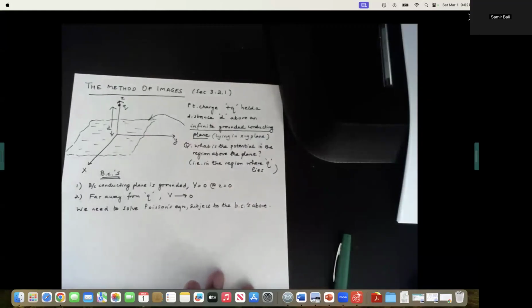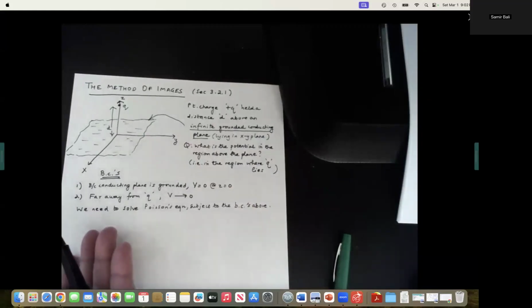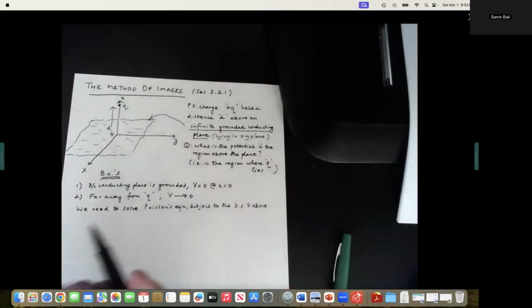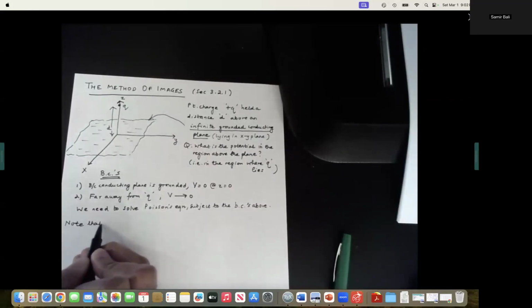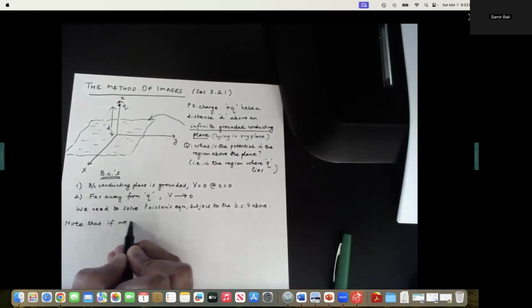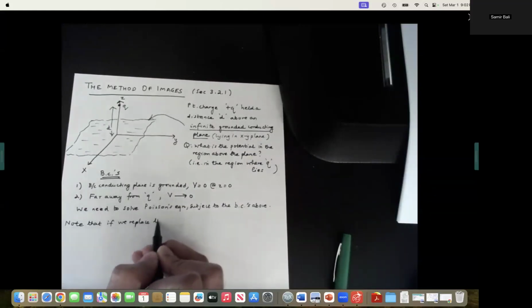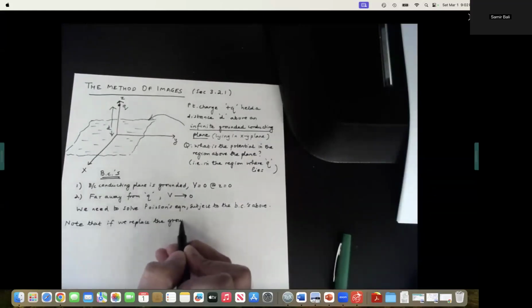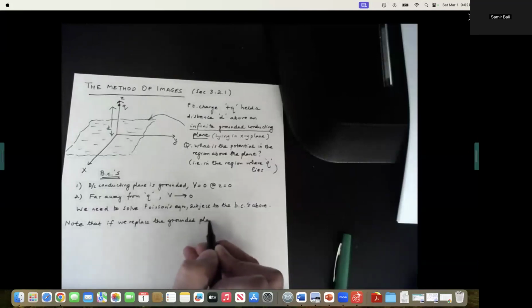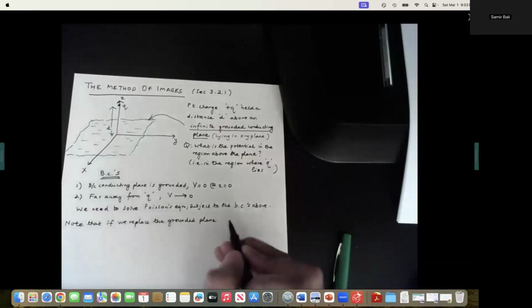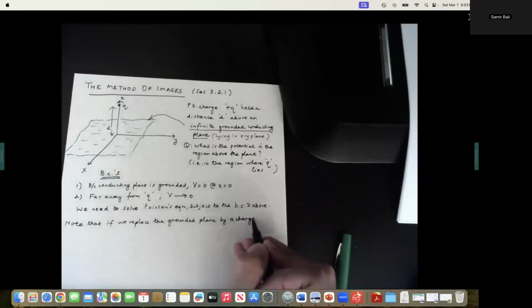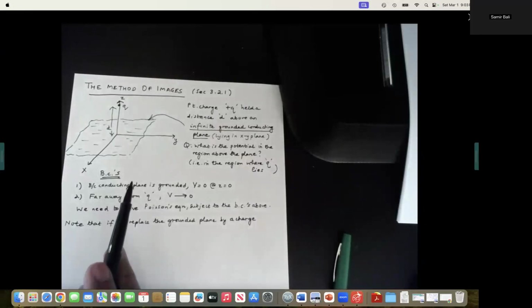What I'm going to say is that I notice, I mean, from experience, others have noticed, and now they're sharing their knowledge with us, that if we replace the grounded plane by just simply a charge, because you think that the Q is going to induce an equal and opposite charge on the plane.